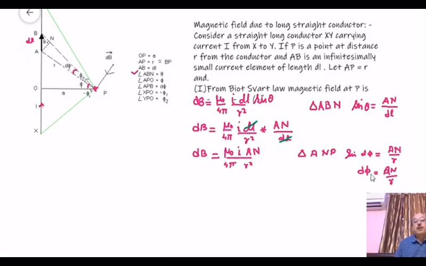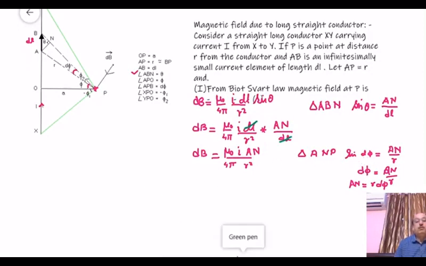So in place of AN, we may write r d phi. Remember, this d phi is very small, so for a small angle, sin d phi equals d phi.